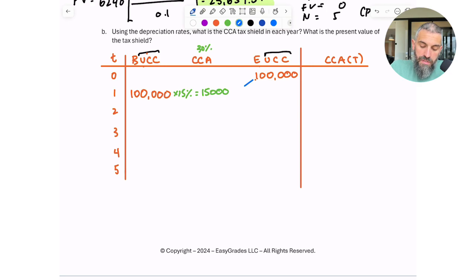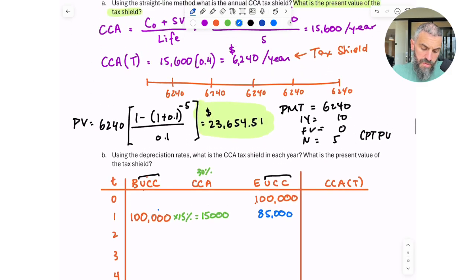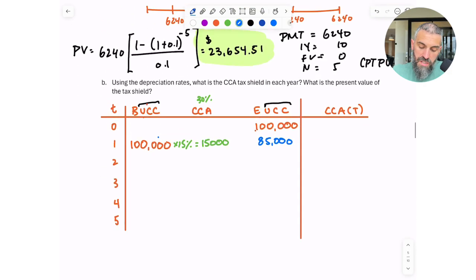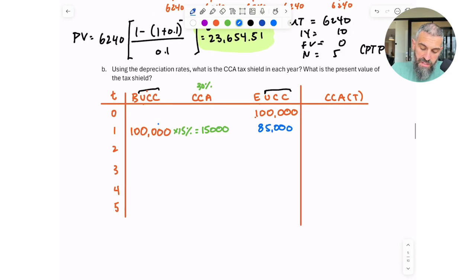And then you subtract that from the beginning. So 100,000 minus 15,000 gives you your ending. You see? Now, after 1 year of depreciation, this truck that you paid 100,000 for is now only worth 85. And then this becomes the beginning of the next year.